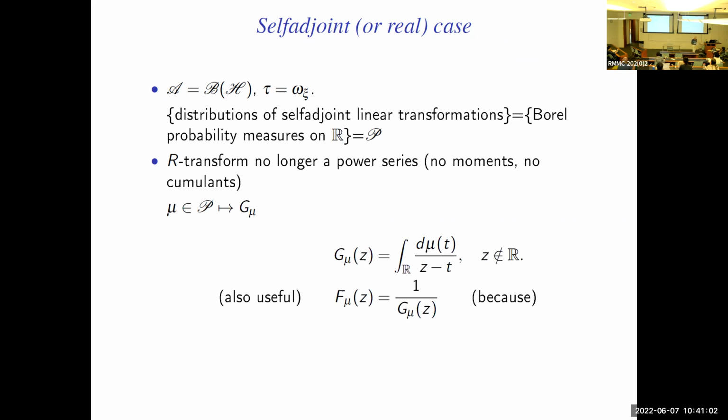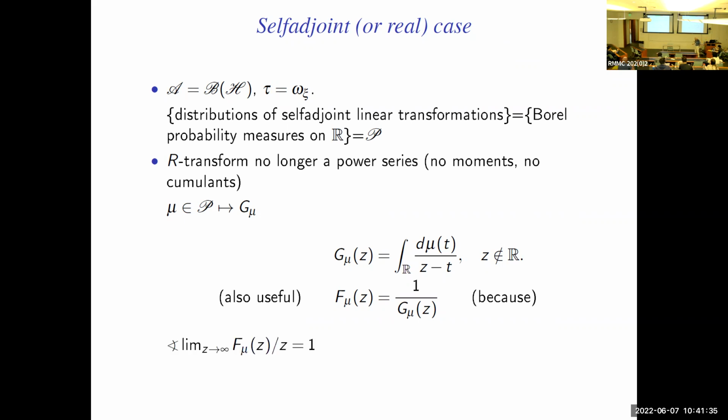But let's look a little bit more carefully at what these transforms turn into in the case of probability measures. So first of all, the Cauchy transform is well defined. It's not a real number. G_mu of z is the integral of d mu of t over z minus t, and it turns out to be convenient for a number of reasons to consider the reciprocal Cauchy transform, 1 over G_mu. F_mu is the reciprocal.